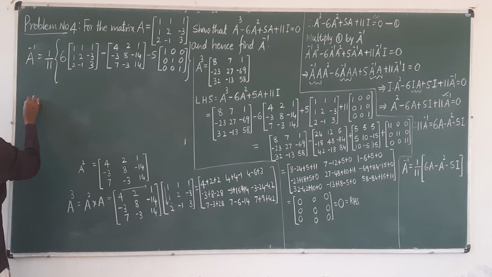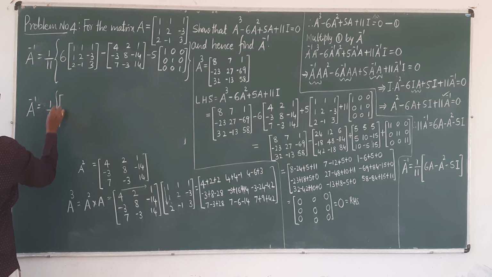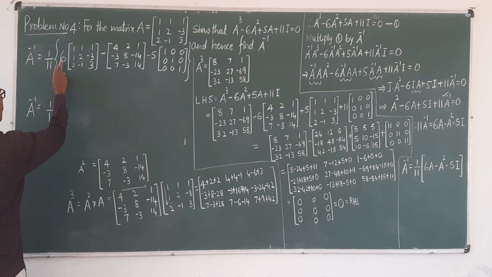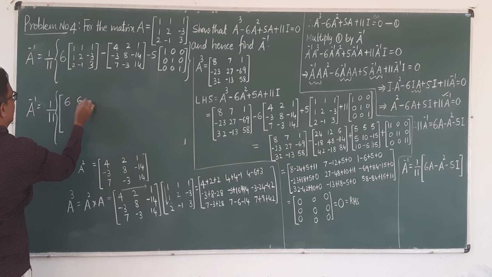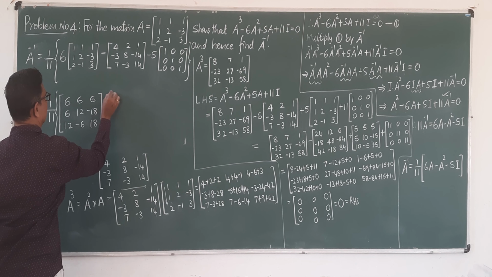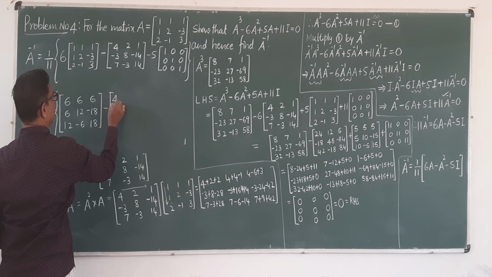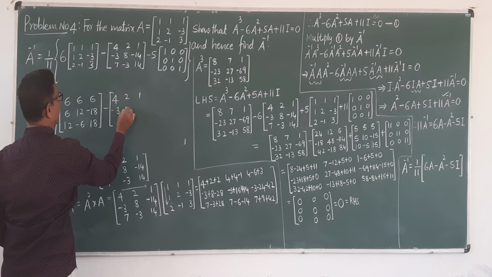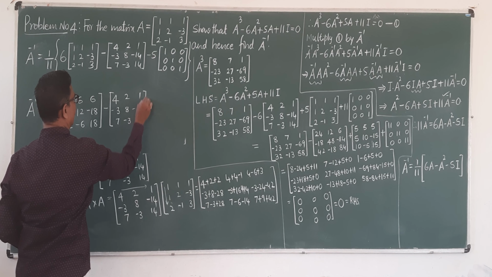So A inverse is equal to 1 divided by 11 into: multiply each element by 6, giving 6, 6, 6, 6, 12, minus 18, 12, minus 6, 18. Minus A square as it is: 4, 2, 1, minus 3, 8, minus 14, 7, minus 3, 14.